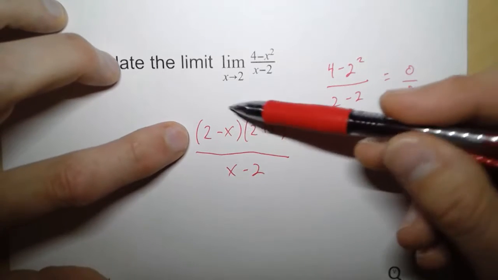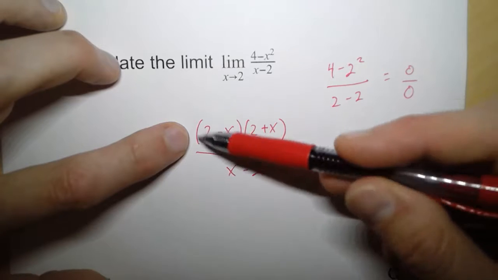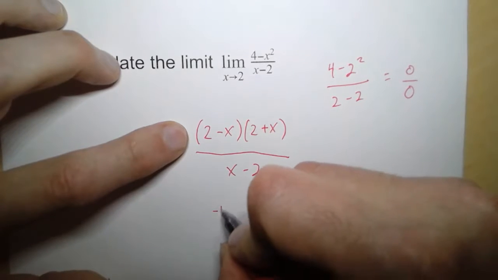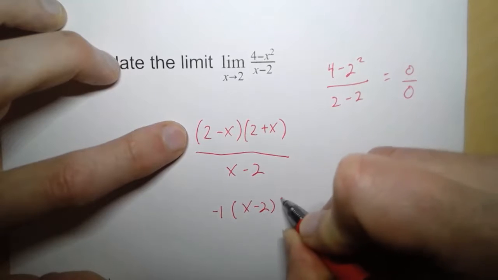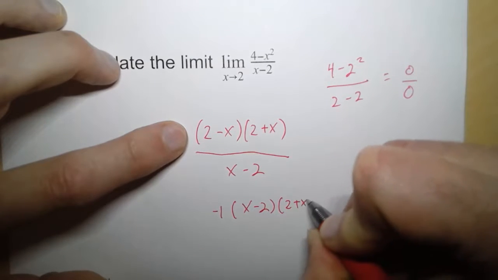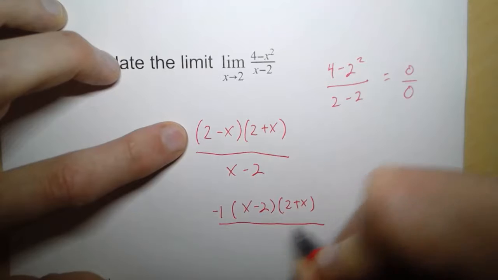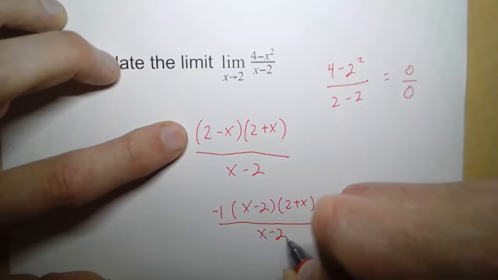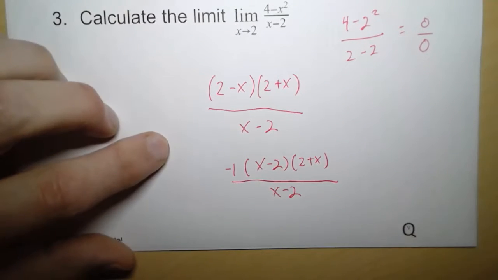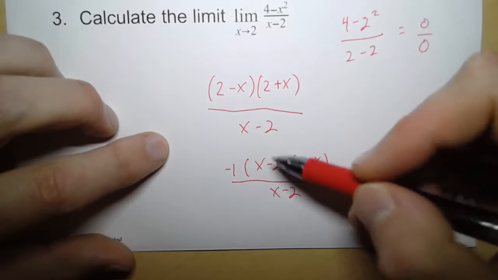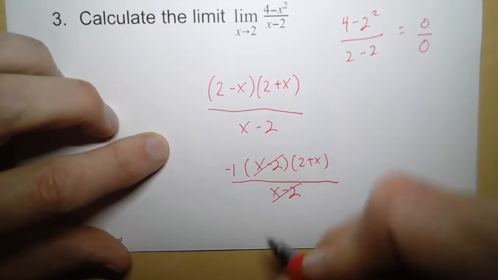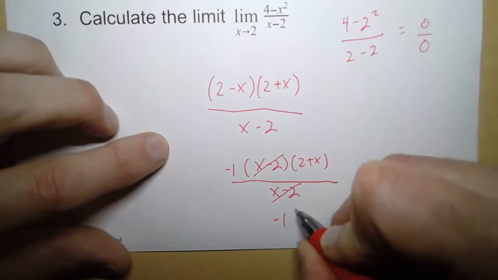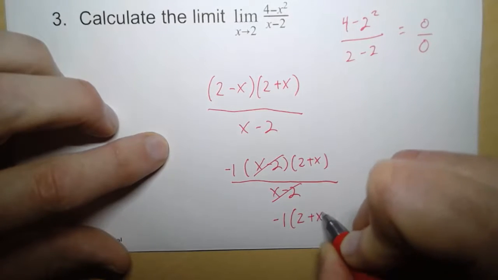So I'm going to factor a -1 out of this. And when we do, we're left with x minus 2, we still have 2 plus x, and we have x minus 2. Now that we have these two identical factors, we can cancel them. And so now we're left with -1 times 2 plus x.